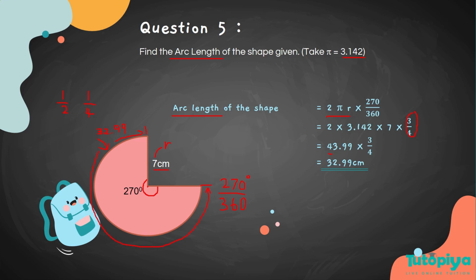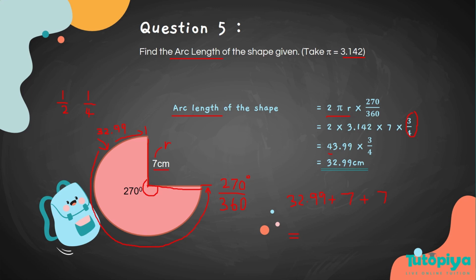So if they ask you to find the perimeter here, how are you going to find it? We have 32.99 as the arc length, and we are going to add the radius, which is from here to here, which is 7 centimeters, and we are going to add another 7 centimeters here, which is going to be 14.